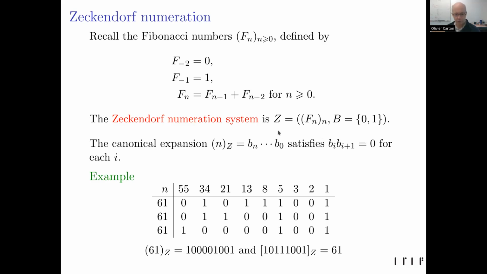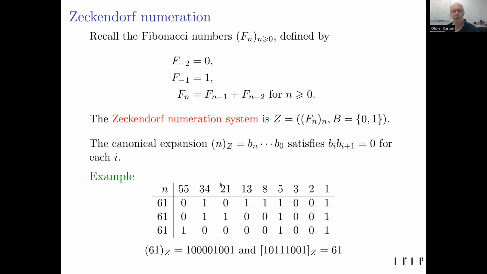Let's look, for instance, at 61. It can be written as the sum of 34, 13, 8, 5, and 1. But of course, 13 and 8 sum up to 21, so it's also 34, 21, 5, and 1.